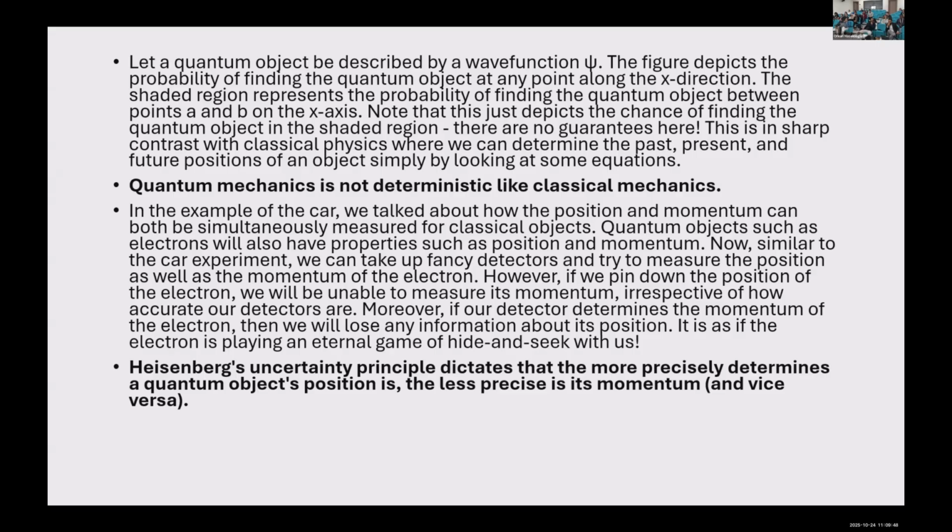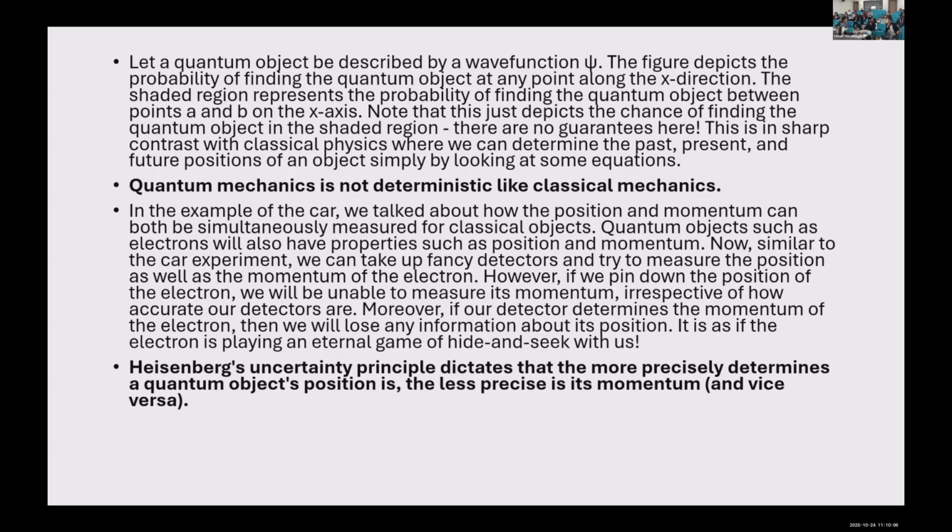Now, similar to the car experiment, we can take up fancy detectors and try to measure the position as well as the momentum of the electron. However, if we pin down the position of that electron, we will be unable to measure its momentum, irrespective of how accurate our detectors are.